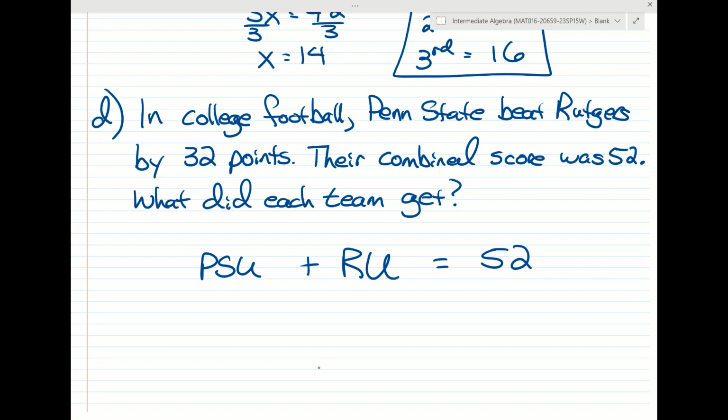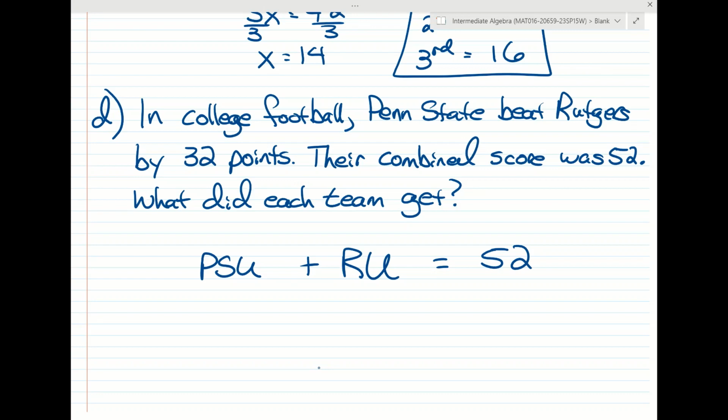I don't know if that's it. 52 minus 32 is 20, right? So if the one team scored 20, that would mean that the other team scored 52. But that can't be it because together they're supposed to be 52, right? So it's a good idea. All right, but let's wrestle with it a little bit more.